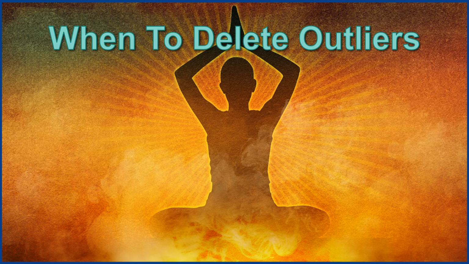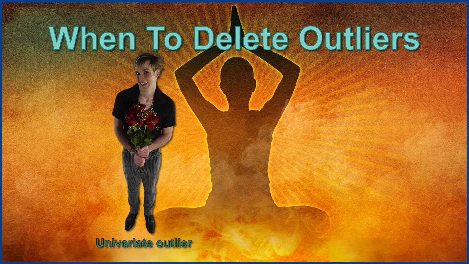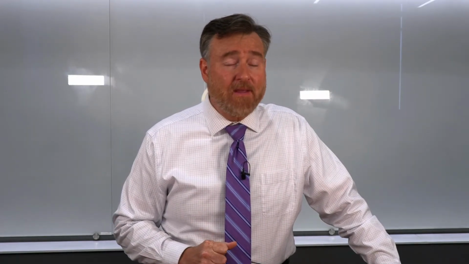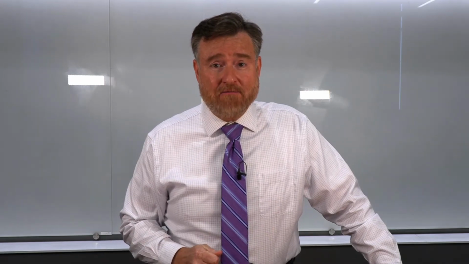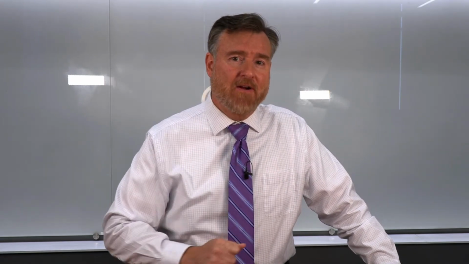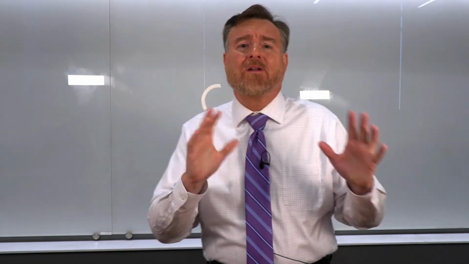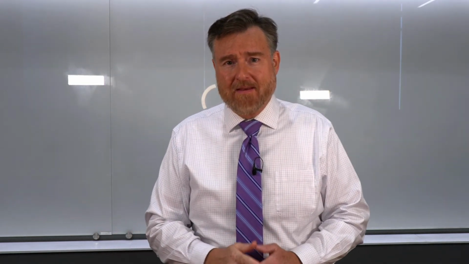We all have friends who are a little idiosyncratic. They're different, they're fun, they're odd in a quirky way. They're crazy in one way. Those people are endearing. And so you should keep that friend as part of your social circle. That person is a univariate outlier because we're all a little crazy in one way or another.